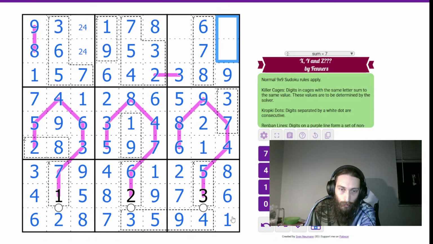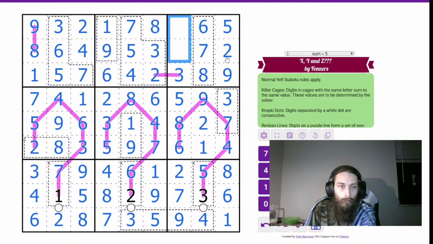Let's do the right side. 2 and 5. 1 and 4. Oh, it was the 5 that was there.